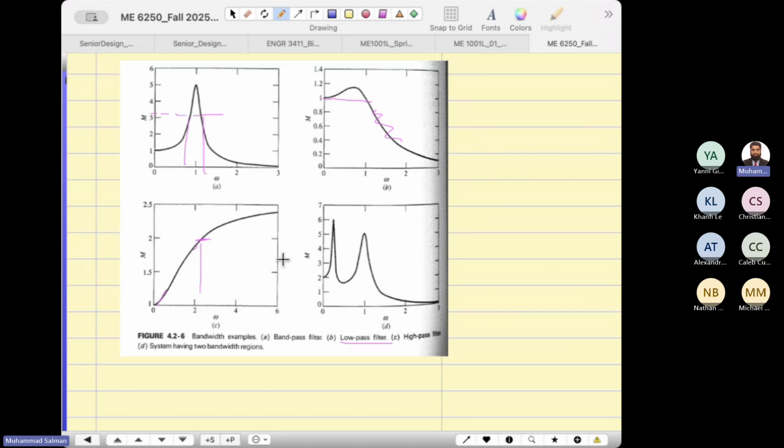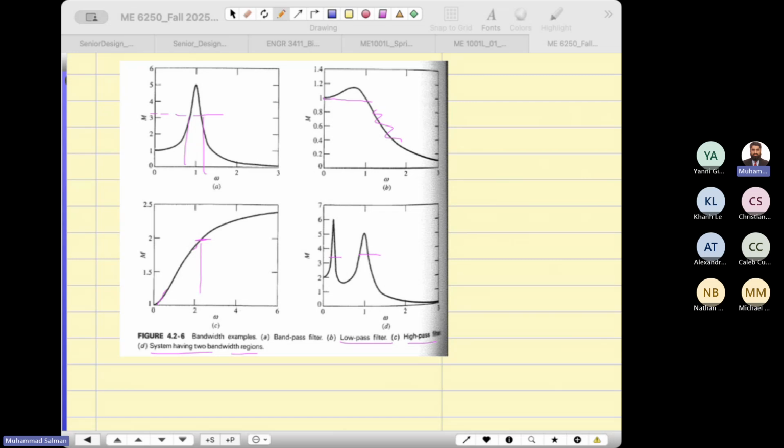You see my point? I'm just guessing. This is the high pass filter, and this system has two bandwidth regions. It is useful for us when we are doing acceleration or displacement terminology.